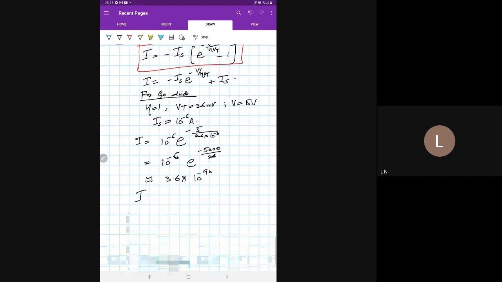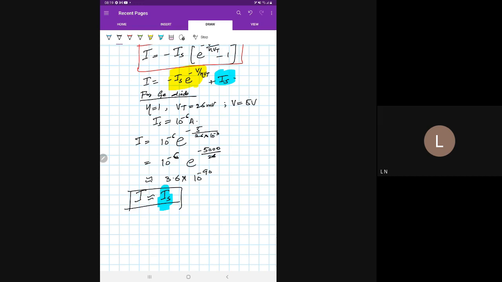We can say that I is nearly equal to I of S, because we will have two parts, one is this part and another is this part, and the exponential one will be nearly 0.